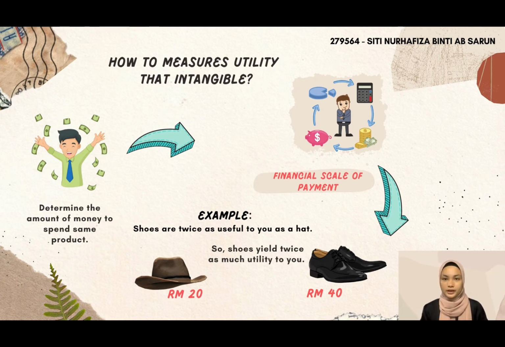For example, if shoes are twice as useful to you as a hat, you are willing to pay twice as much for shoes. Let's say 40 ringgit for shoes and 20 ringgit for a hat. Because you are willing to pay twice as much for shoes as for the hat, we can conclude that the shoes yield twice as much utility to you.